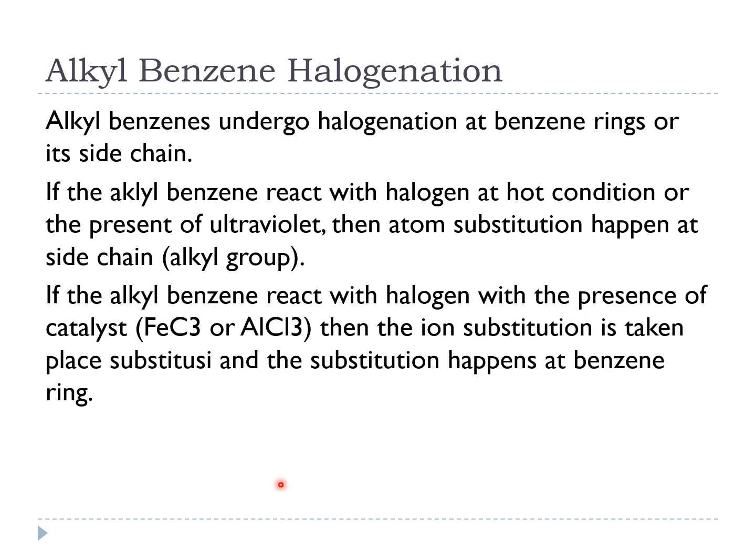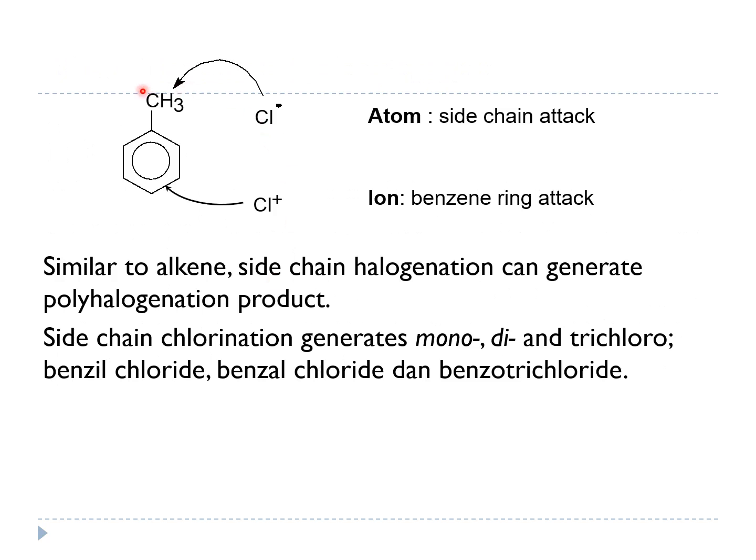But if the alkyl benzene reacts with halogen in the presence of a catalyst, ferric chloride or aluminum chloride, remember, this is the usual halogenation reaction. This is the side chain, and this is the benzene ring.